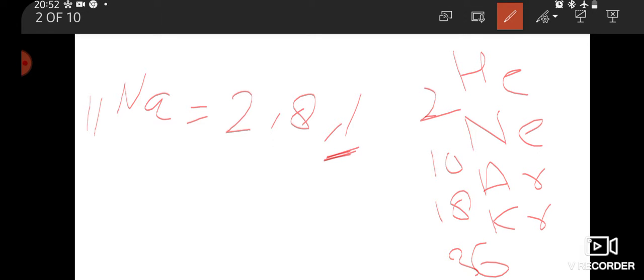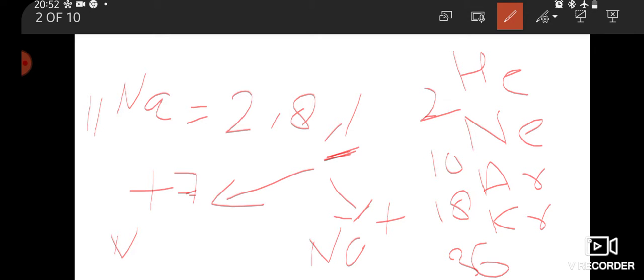So if one electron is lost, sodium has 2, 8 electrons and contains a plus 1 charge. If 7 electrons are added, the number of electrons is 2, 8, 8 and sodium contains a 7 minus charge.